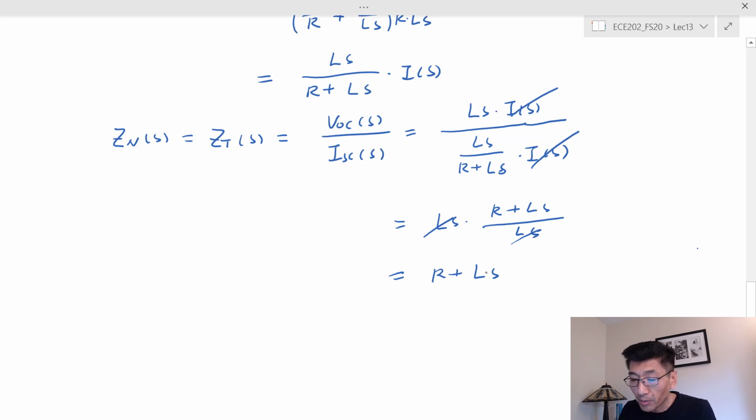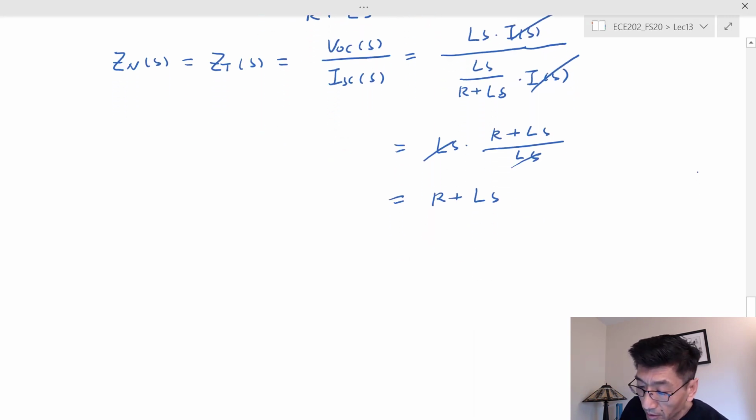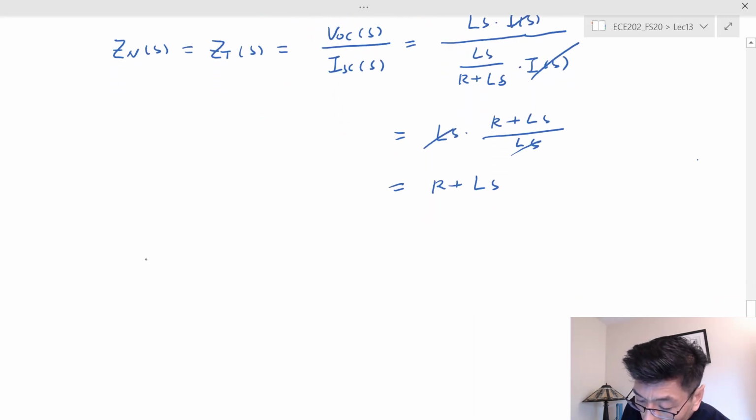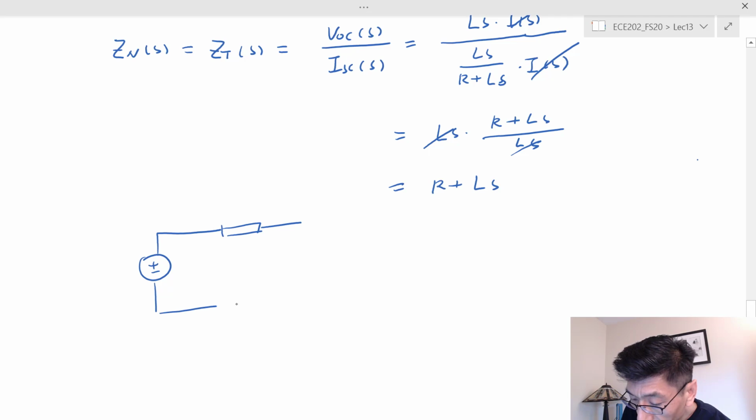Okay, so we can find the three parameters, and in this case, the Thevenin equivalent circuit would be V_T(s), the voltage source, and here this is Z_T(s), and that's seen by that capacitance 1 over Cs.